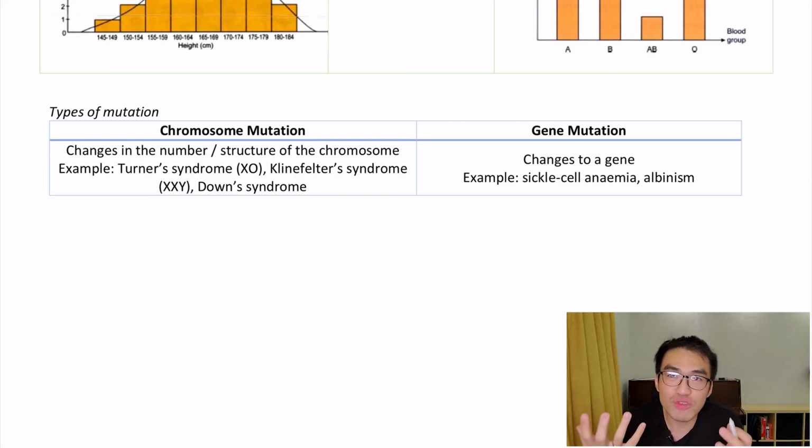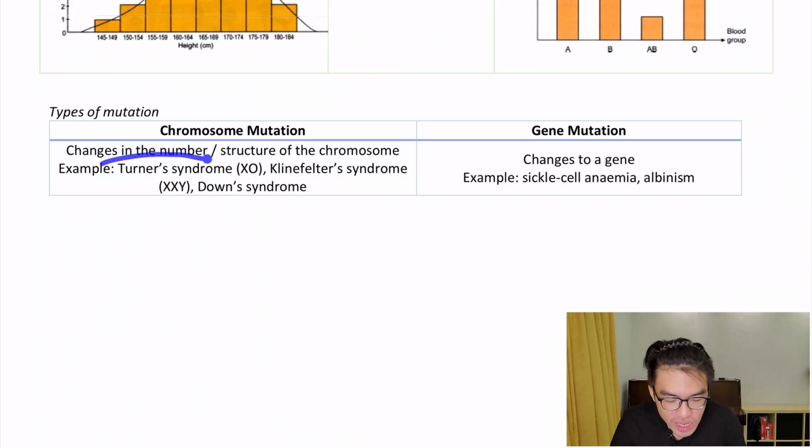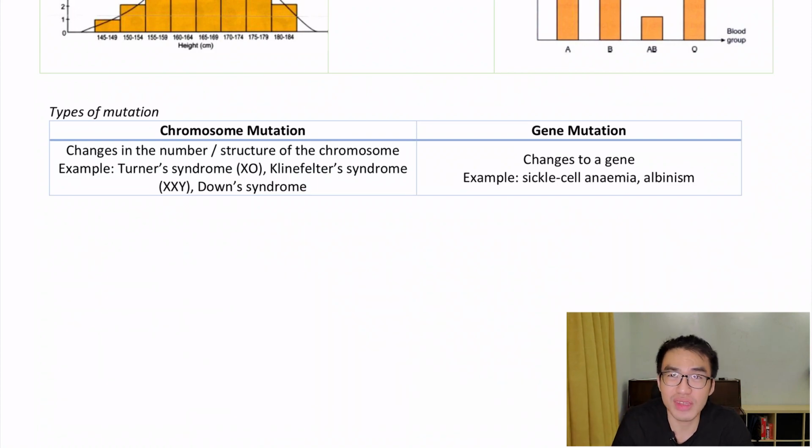This is a huge problem. So it changes the number or the structure of a chromosome. For example, you have Turner syndrome, which means you are a female with one less X chromosome, or Klinefelter syndrome, which means you are a male with one extra X. These individuals are usually infertile and usually mentally retarded. And of course, Down syndrome.